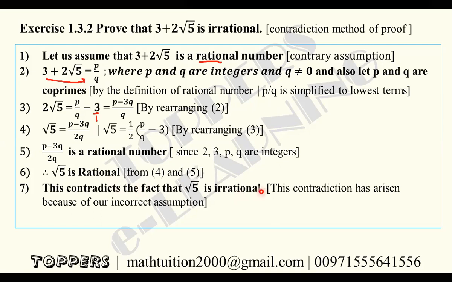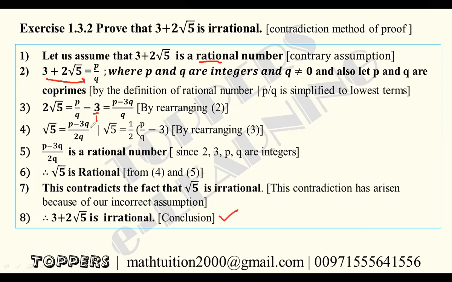This contradiction has arisen because of our incorrect assumption. Finally, we can say that therefore 3 plus 2 root 5 is irrational. That is the conclusion. We have proved it.